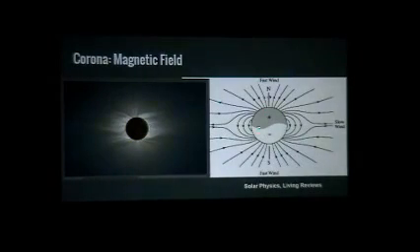And then these helmet streamers are where the pressure from the hot gas is enough to pull out and stretch out the magnetic field lines. So typically, we think of the fast solar wind as coming out of the open field lines, and the slow solar wind to come out of kind of the boundary between where the field lines are open and closed.